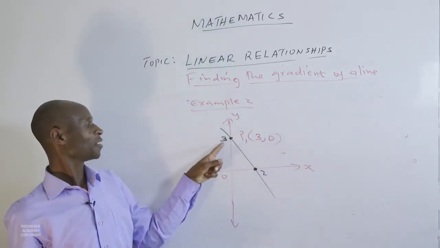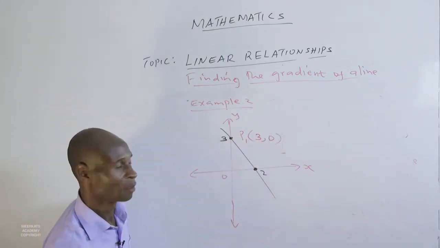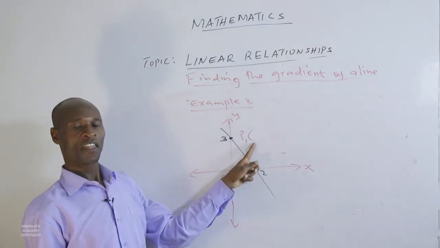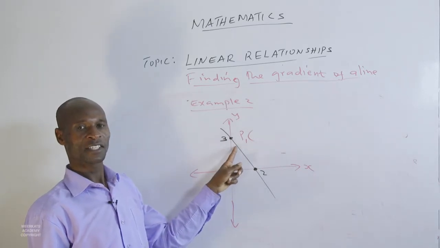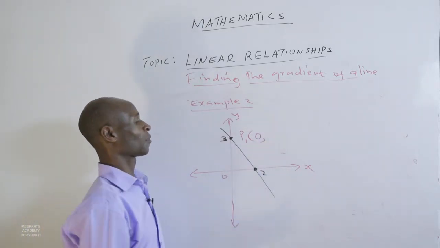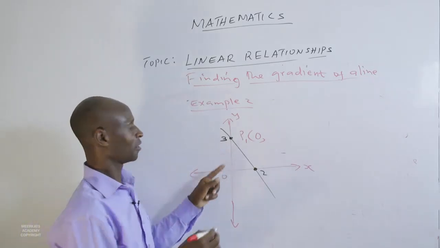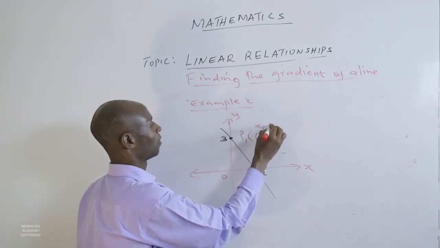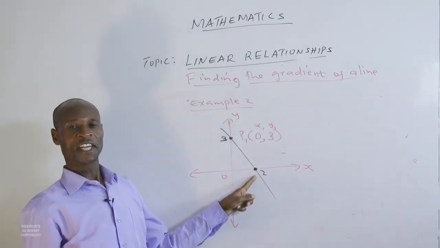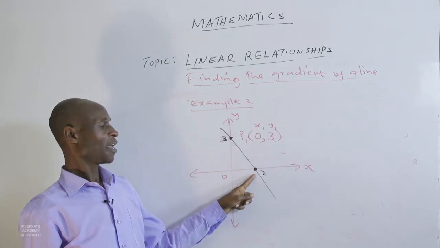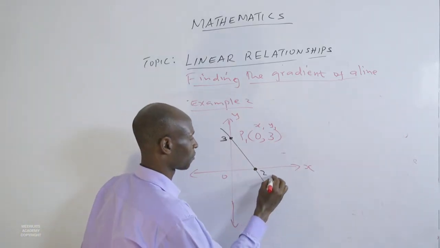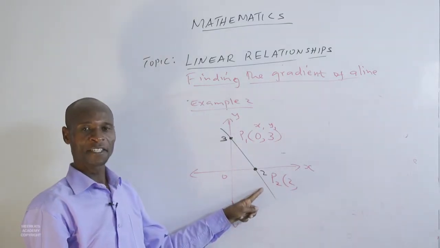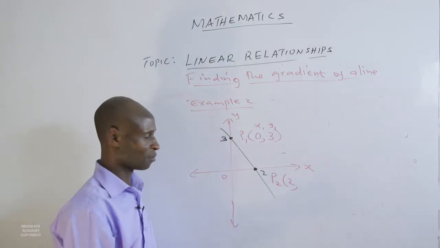The x-coordinate at the point where the graph cuts the y-axis is 0, while the y-coordinate is 3. The x-coordinate where the graph cuts the x-axis is 2, while the y-coordinate is 0.